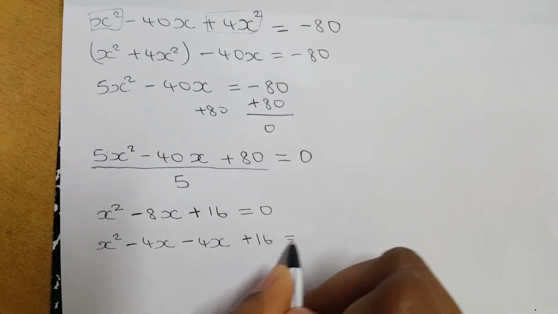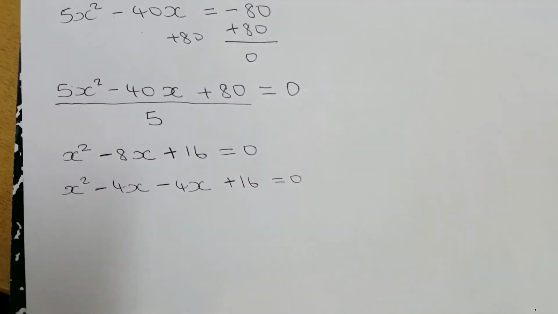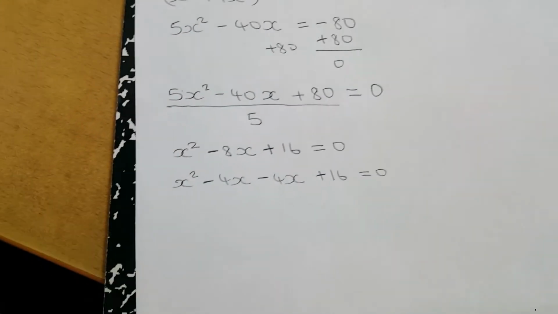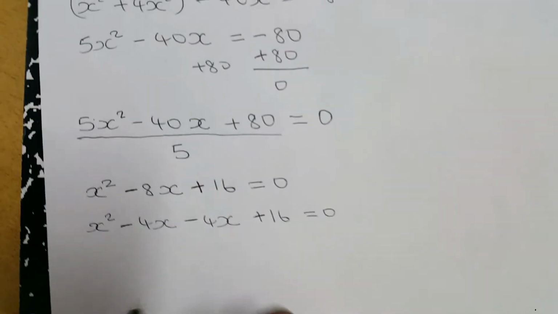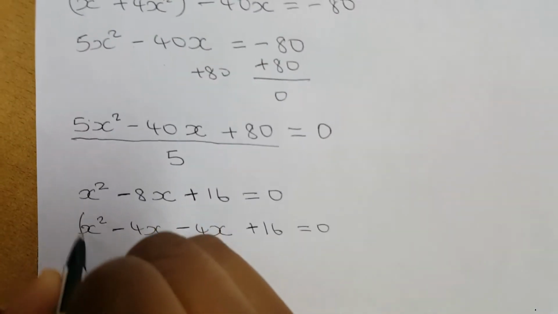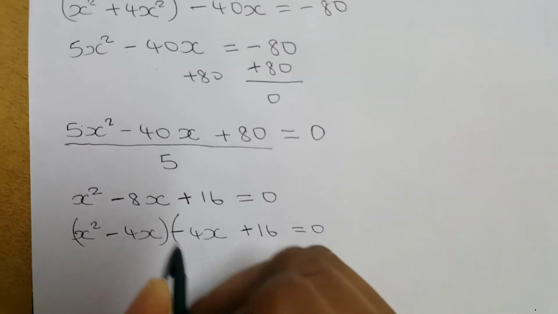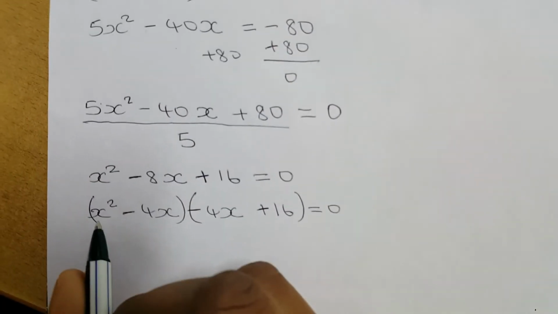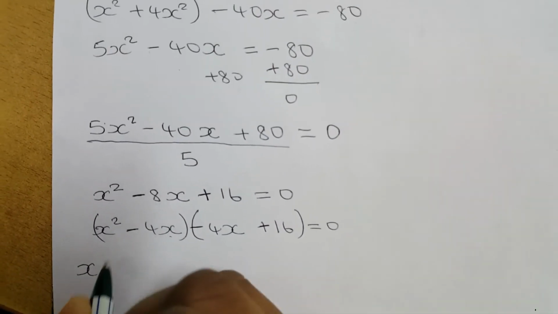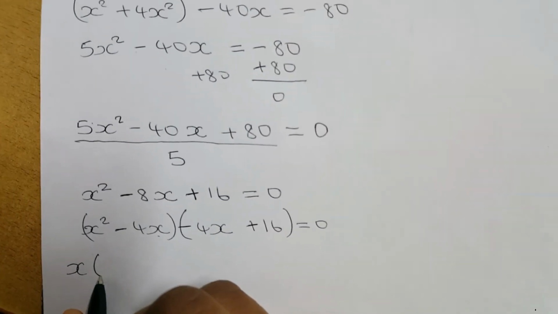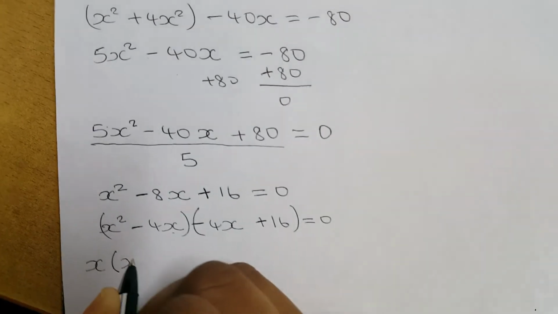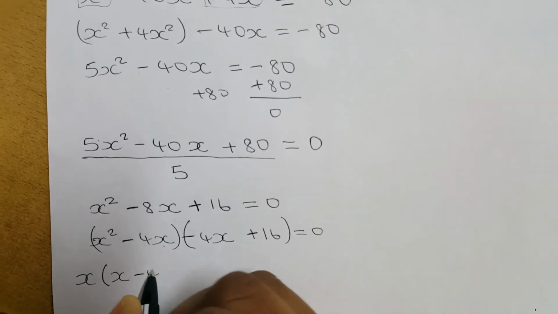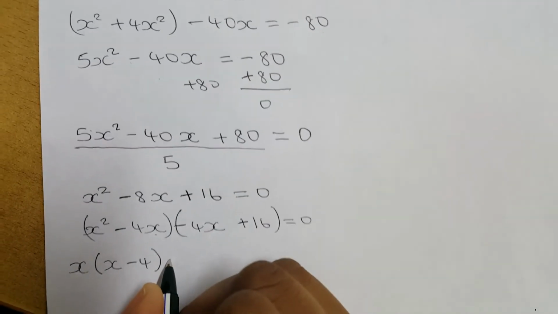In the end, you're supposed to get only one x value, because only one x value is needed to make both equations true. Once we have it like this, we can group them and work from there. So x is common, we extract that. I also have a video on factorization of quadratic expressions. You can go over there and take a look.